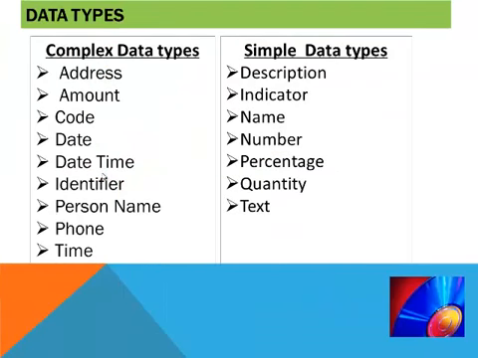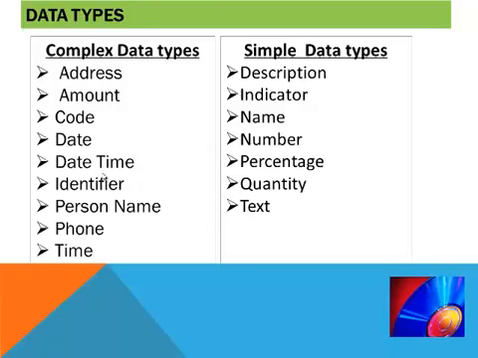In fact, the data types can be classified into two kinds. The first one we call the complex data types. The second is called the simple data types. The first includes address, amount, code, date, date time, identifier, person name, phone, and time.